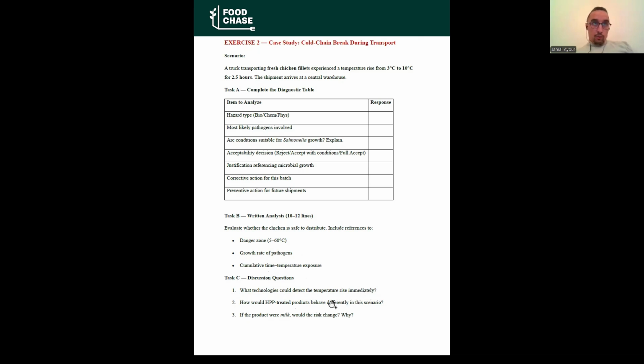In the chapter we talked about different technologies such as IoT sensors, data loggers, and time-temperature indicators. Give different analysis about your response, and do the same for the next question. That is okay for exercise number two. Let's continue with exercise number three.